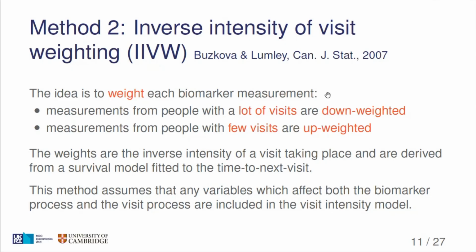If you have someone who has a lot of visits, and so a lot of measurements or rows in your data set, those are down weighted, and measurements from people with only a few visits are up weighted. The idea is that you're balancing out the data from people who have a lot of visits with the people who have few visits, so that overall they contribute the same amount of data to the analysis.